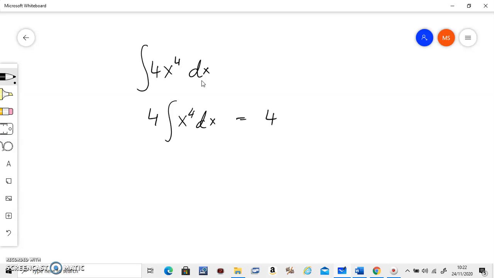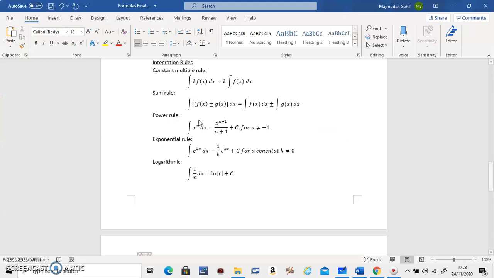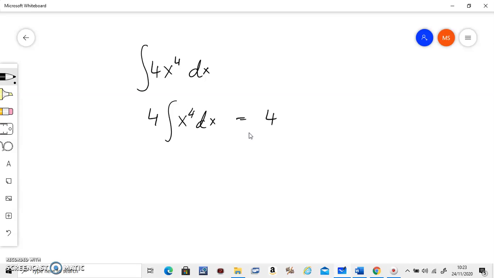Then all you have to do is apply the formula to x to the 4, which is the power rule of integration, which is this one. x to the n becomes x to the n plus 1 over n plus 1, plus c. Here n is 4 on the power, so it should become x to the 5 over 5 plus c. And that is your answer.